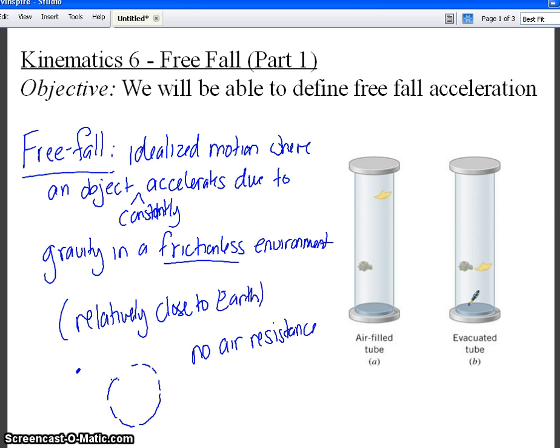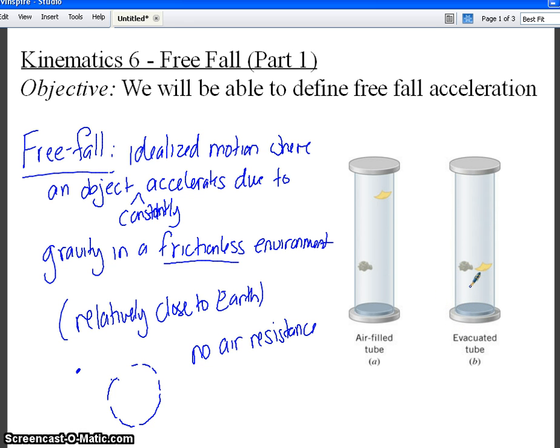I highly suggest if you want to see this, there's a whole bunch of YouTube videos. Just type in free fall demonstration, and you can watch many different demonstrations of this happen. So if we drop two different objects in a frictionless environment, they will free fall at the same exact rate.